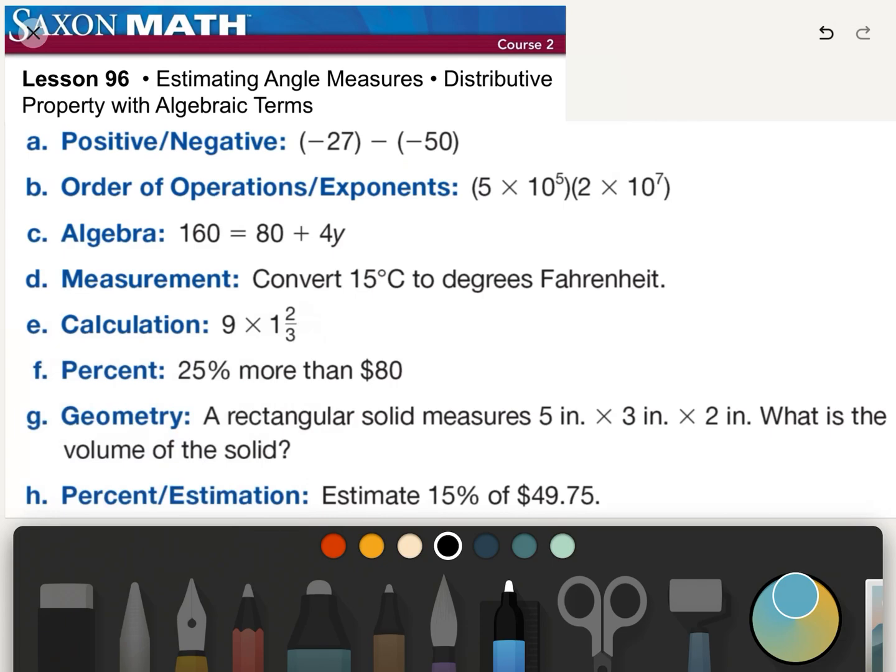Order of operation, exponents. 5 times 2 is 10. And then looking at our exponents, we're multiplying these like exponents, so we just add them together.